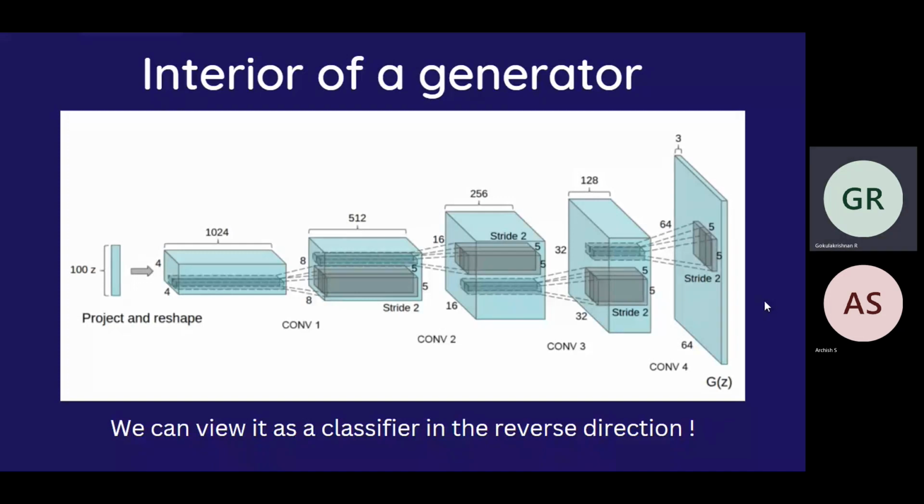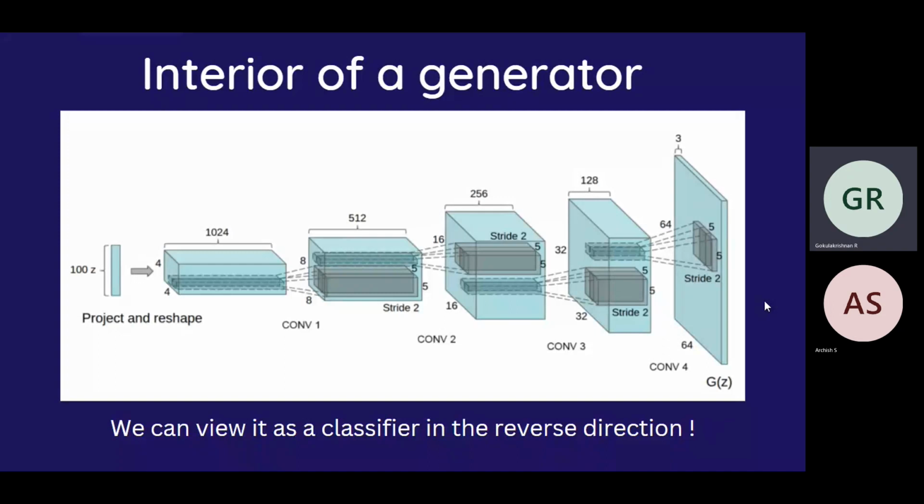This is what a generator does. This process is called upsampling. It's basically increasing the dimensions at each step, and finally you get the image. The generated fake image is the last image there.